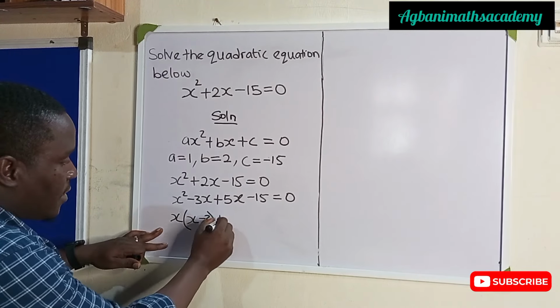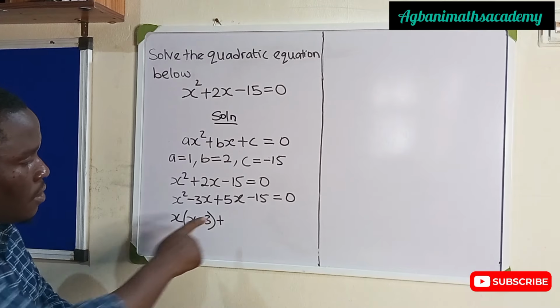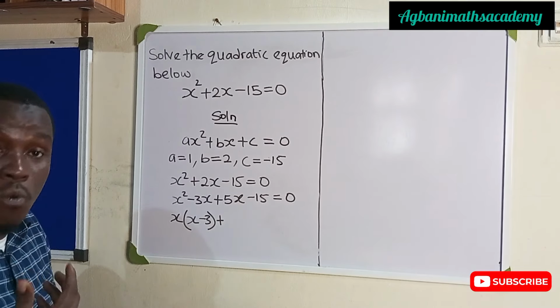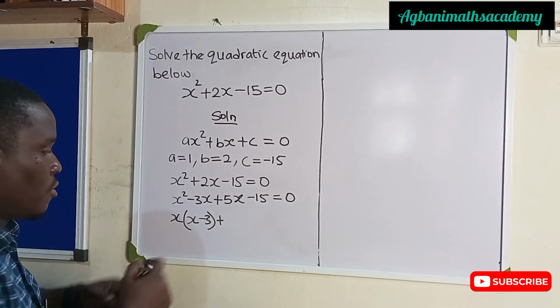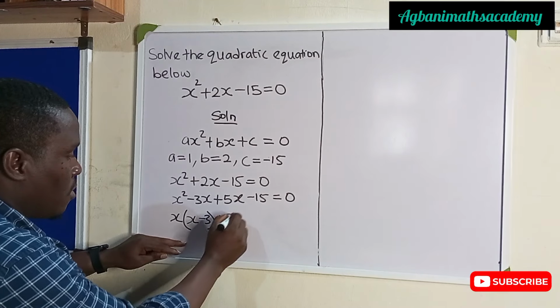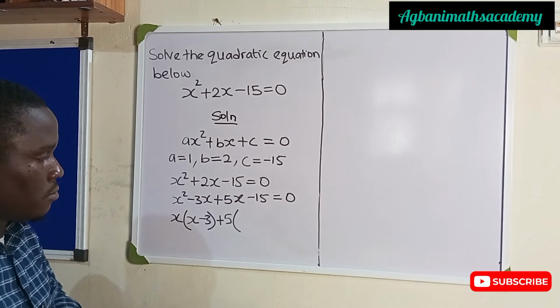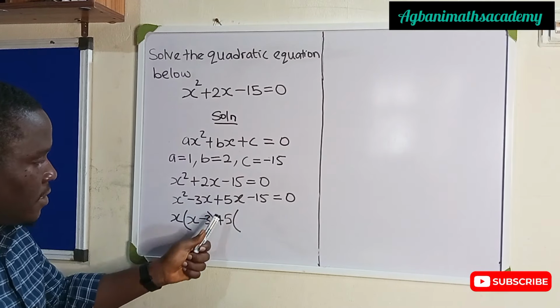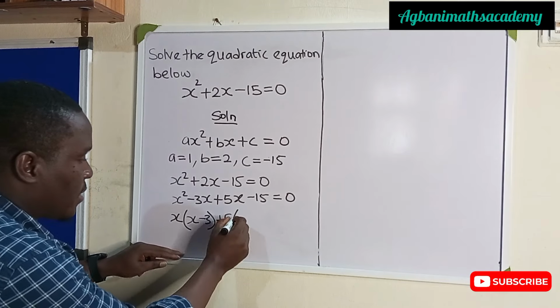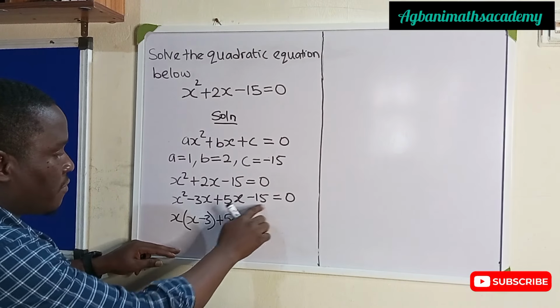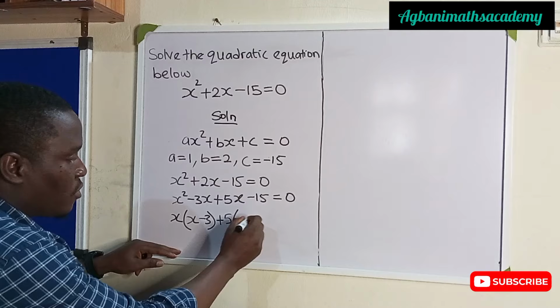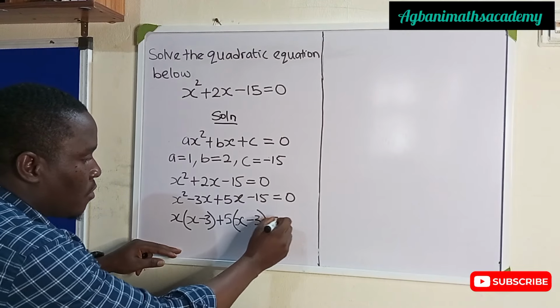We bring this plus sign down. For 5x and minus 15, what is common? 5 is common, so we bring it out, and we open a bracket. 5x divided by 5 is going to give us x, and minus 15 divided by 5 is going to give us minus 3, equal to 0.